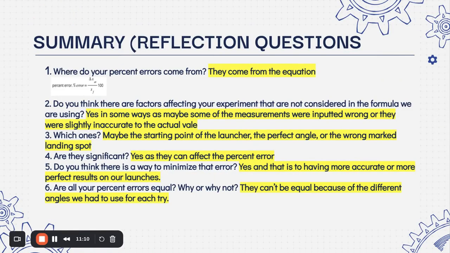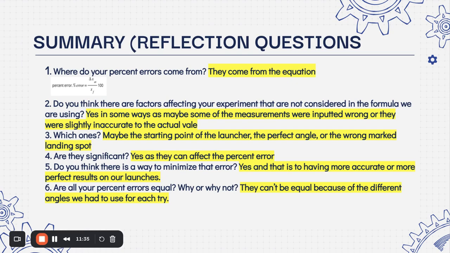Do you think there are still factors affecting your experiment that are not considered in the formula you were using? Yes, in some ways, as maybe some of the measurements were inputted wrong or were slightly inaccurate to the actual value. I mean the measurements weren't exactly the correct plotted points, but they were pretty close to the perfect position. Which ones?